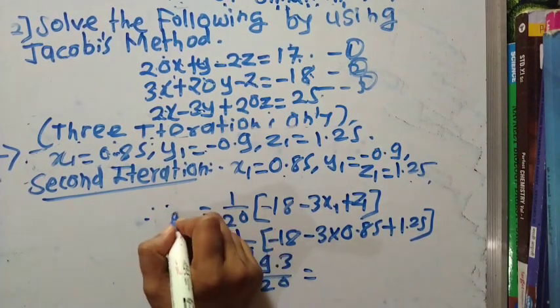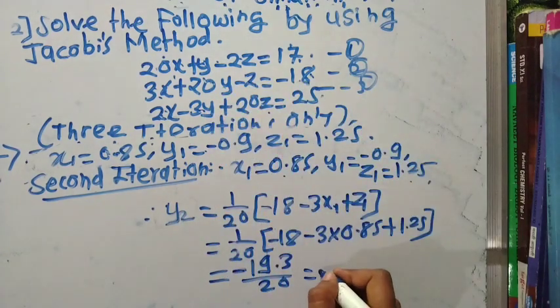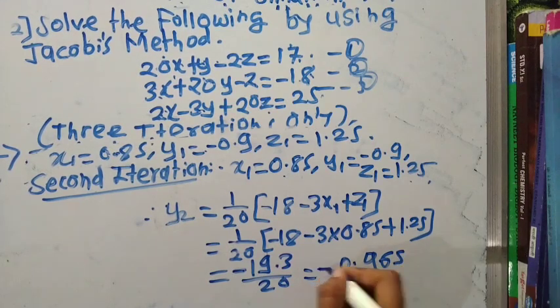Sorry, these are the y2, because we take this value, and y2 is minus 0.965.